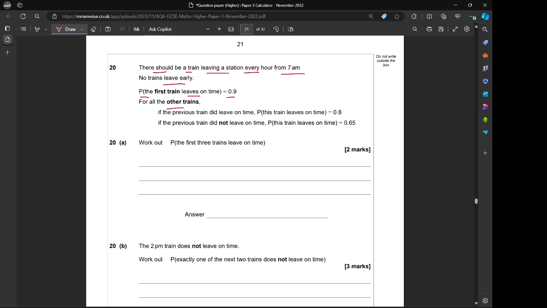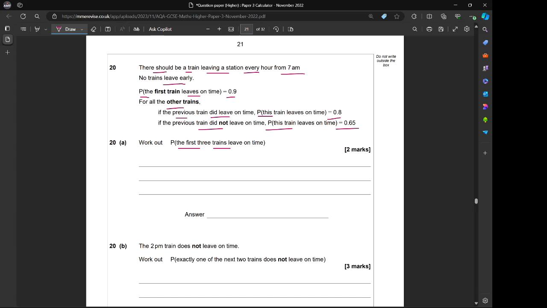For all other trains, if the previous train did leave on time, the probability the train leaves on time is 0.8. If the previous train did not leave on time, the probability that this train does is 0.65. Work out the probability that the first 3 trains leave on time.